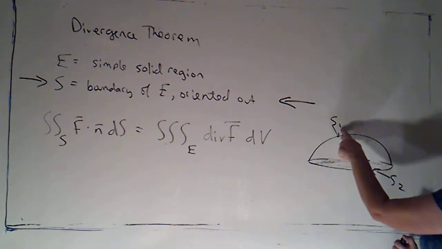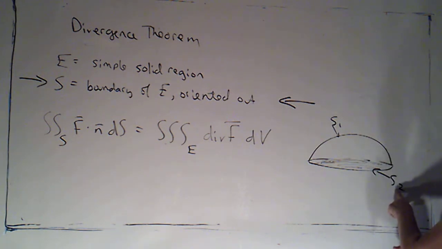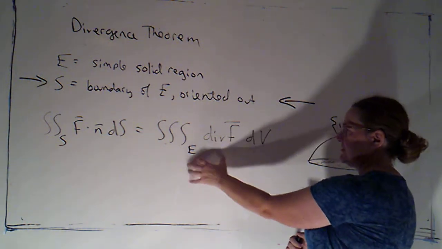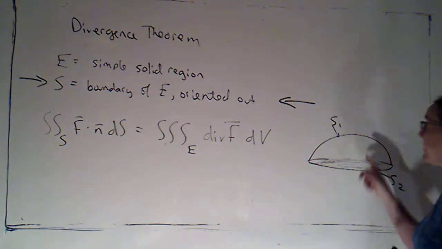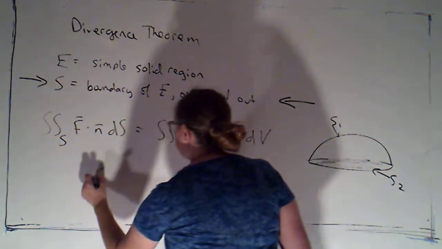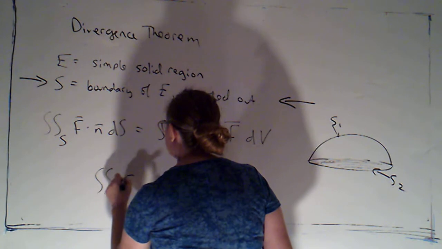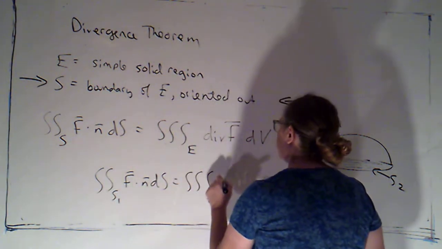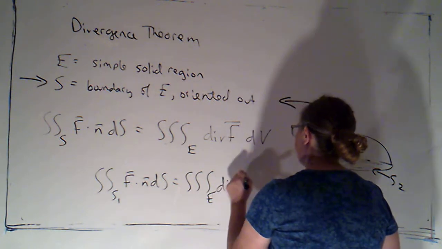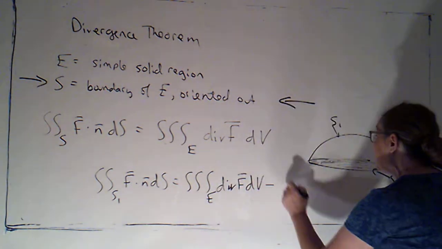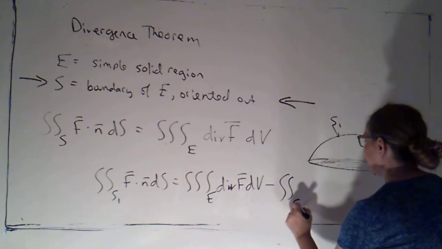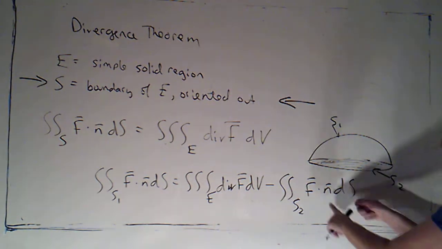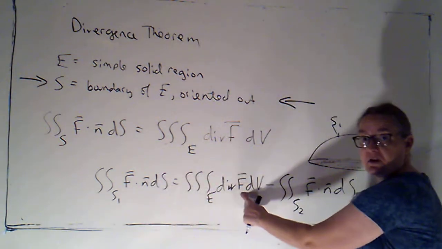So I would know that the flux over S1 plus the flux over S2 is the triple integral over the enclosed region of the divergence of F. Then I could, if I wanted to, say the double integral along S1 of F dotted with N dS would be the triple integral over E of the divergence of F dV minus the flux across S2. Because these two things added together would equal this.